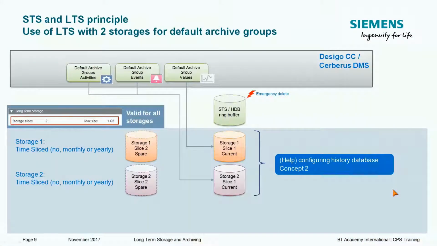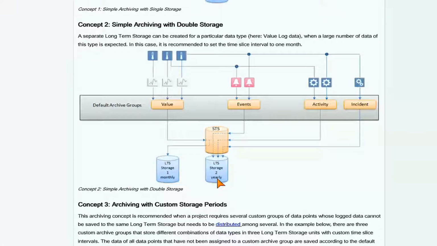Next concept. I'm using more than one storage. Again, here in this screen, this is also described. I'm using more than one storage because maybe I want to have data here in a monthly time period, and this one here in a yearly time period. So what could be reasons?